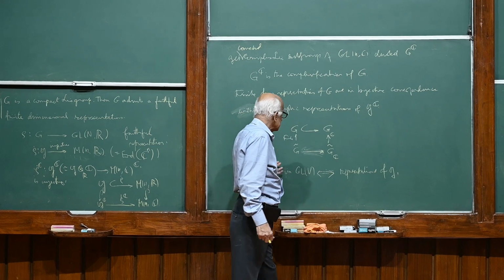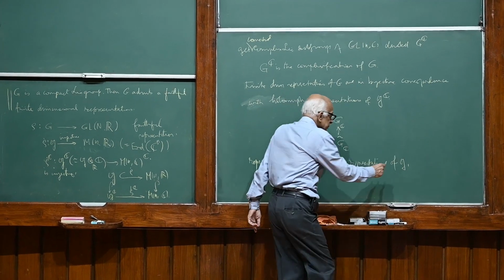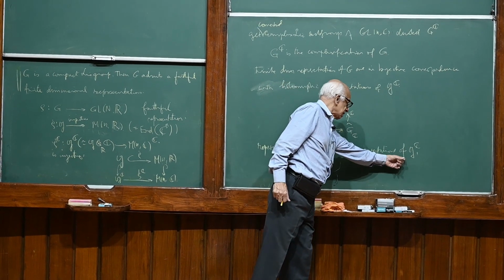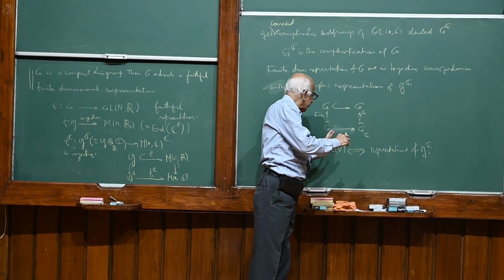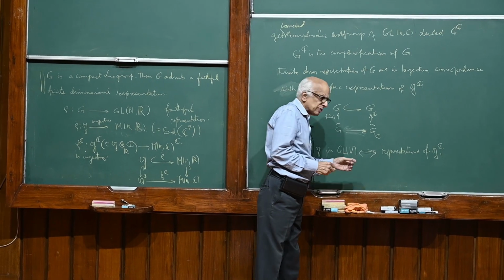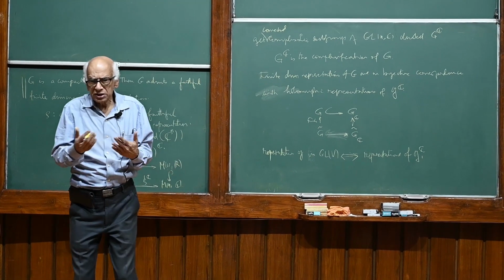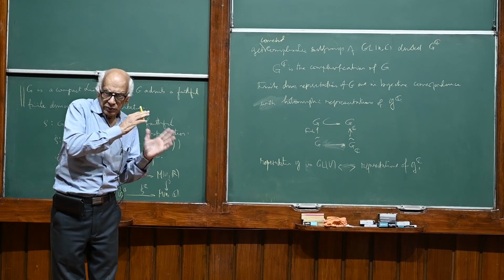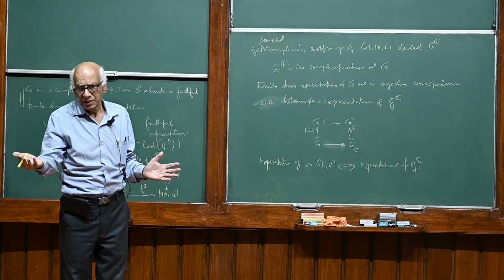If you have a representation on a complex space, you can try to extend to G_C by simply looking at this as something present in C. So if V is a complex vector space, you get a representation on V tensor C. V tensor C breaks up into two parts: the complex subspace and its conjugate.